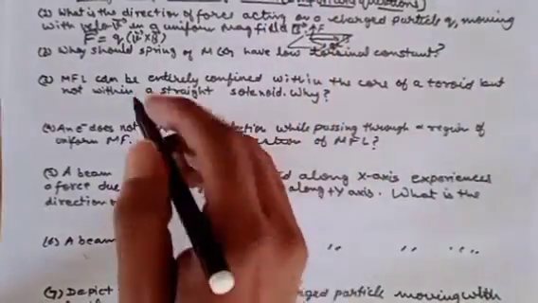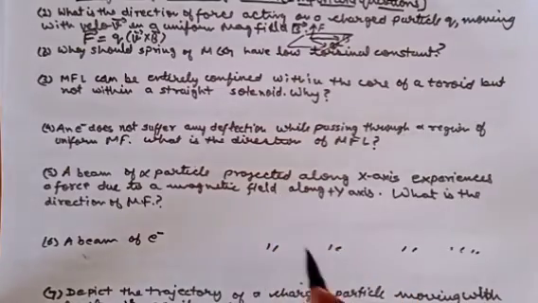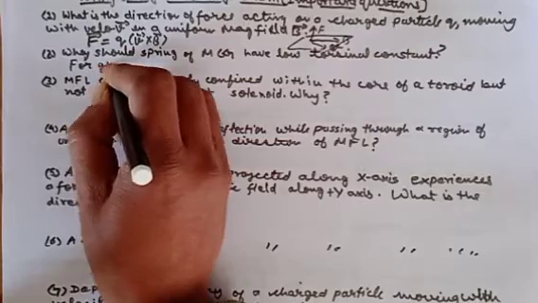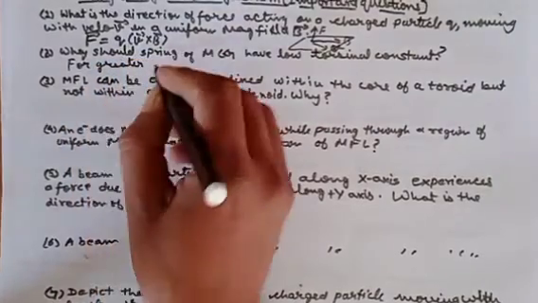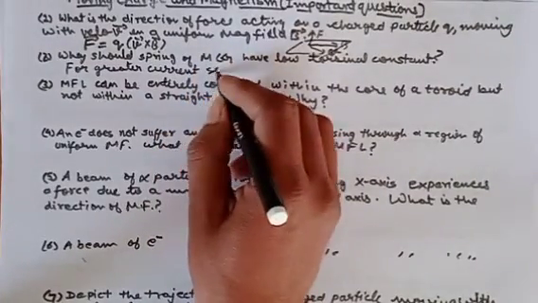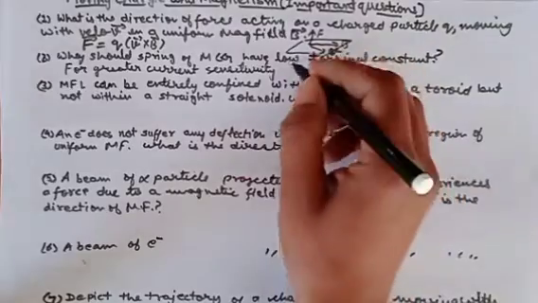Next, why should the spring of a moving coil galvanometer have low torsional constant for greater current sensitivity and voltage sensitivity?